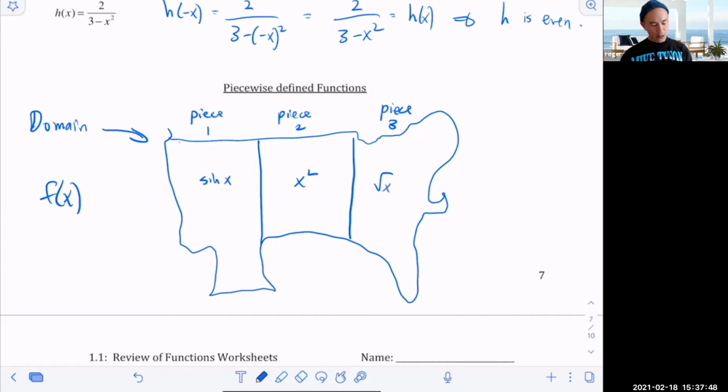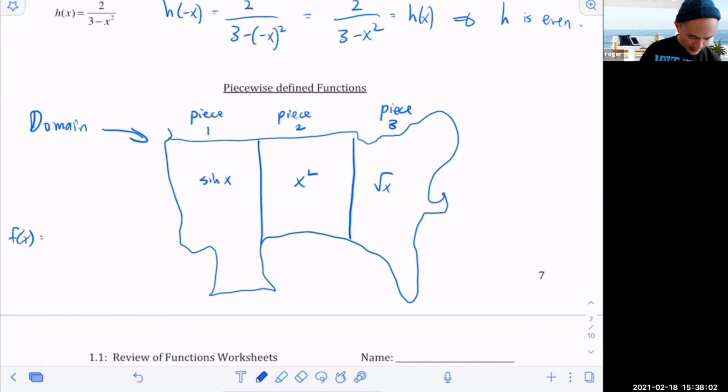Okay. So the way that we would define our function, I'm trying to draw a picture to help you understand it, is we're going to write it like this. We're going to say f of x is equal to, and then we're going to write each of the 3 functions: sine of x, x squared, and square root of x. This will be if x is in piece 1.